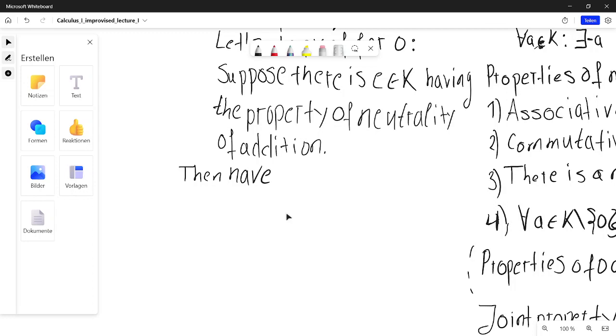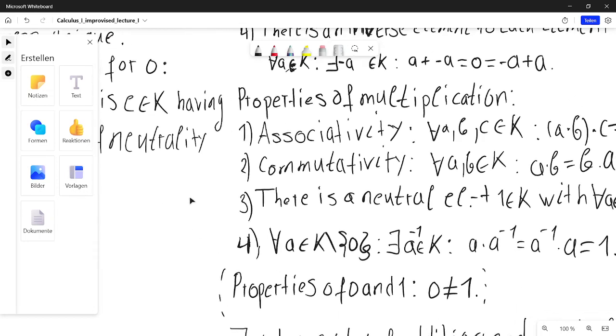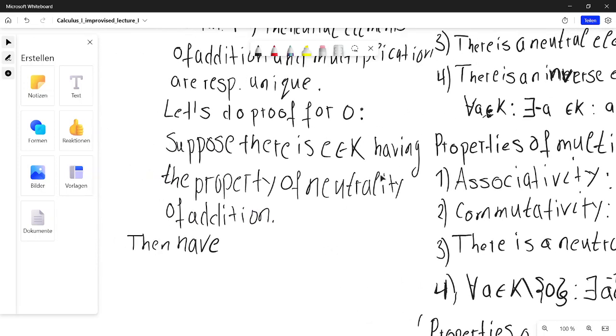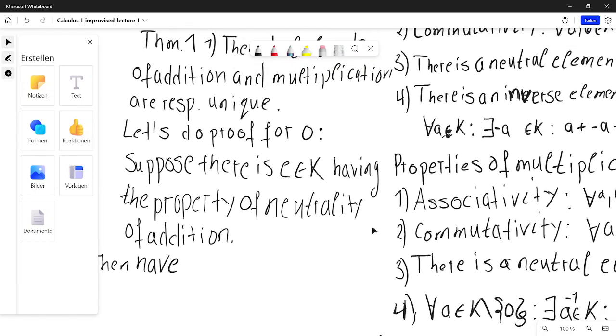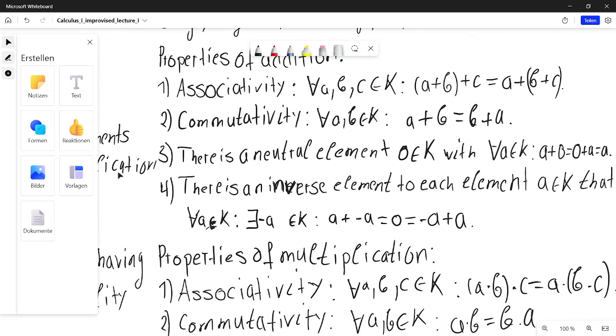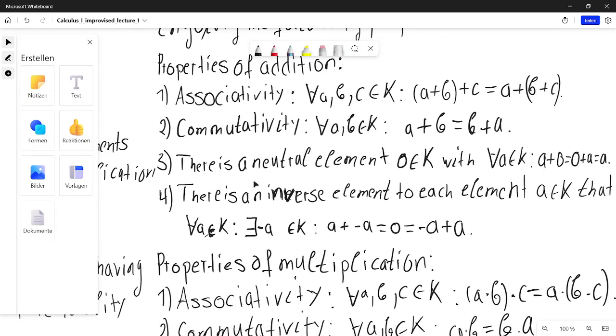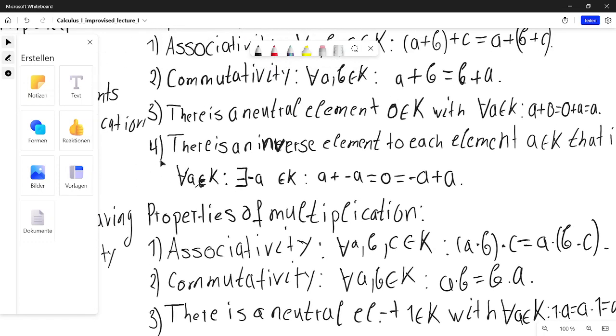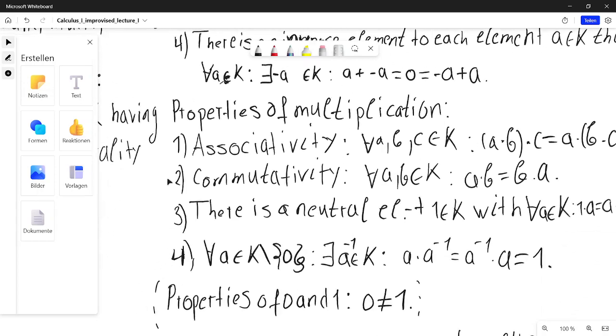Now notice something. The information that we have about E in K is not only that it has the property of neutrality of addition. That is one thing that is obvious. But being in K and K having those properties, we can apply or use all those properties of elements in K that are actually already stated.